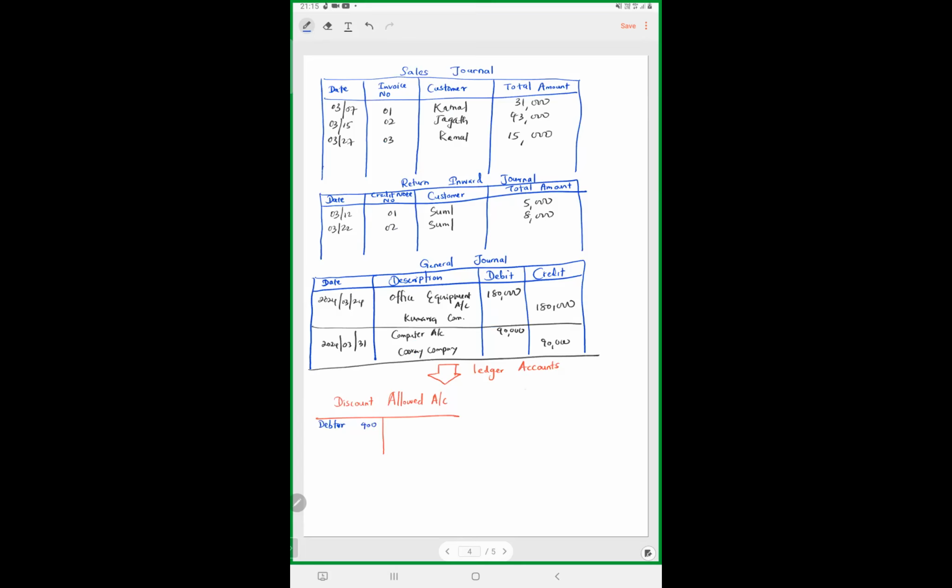And then we need to create the debtor accounts. Debtor accounts credit by naming discount allowed. So there should be two entries for all the transactions.